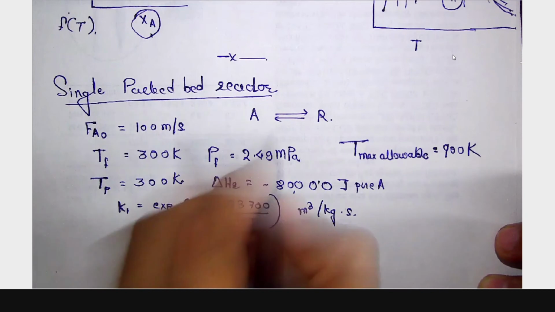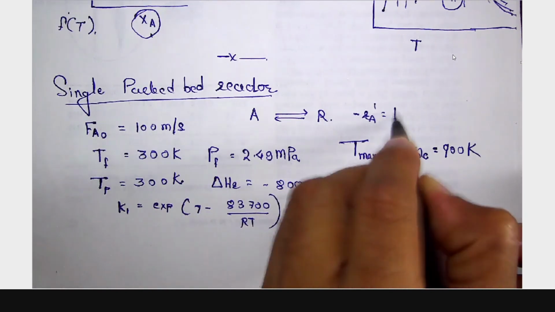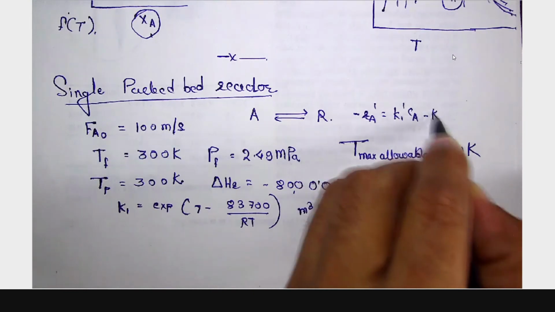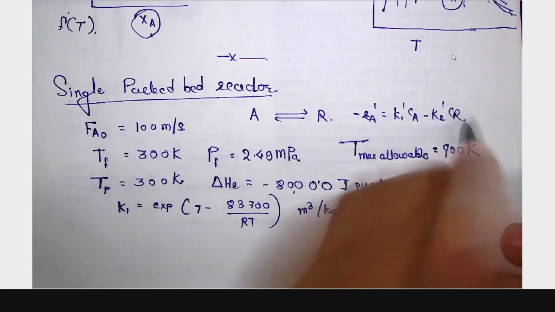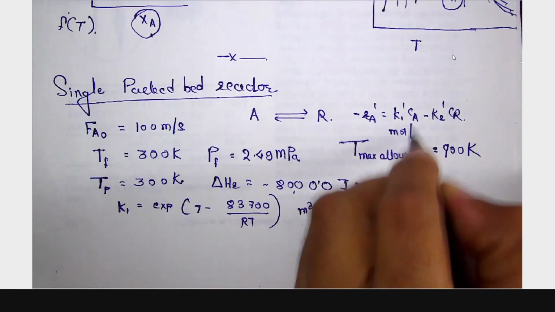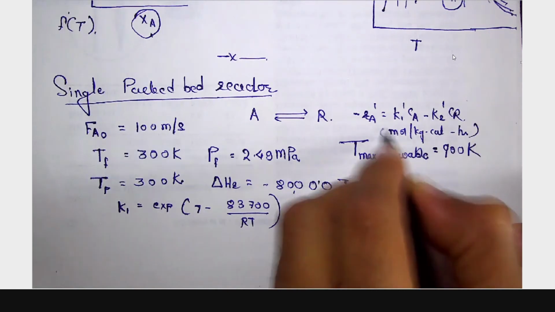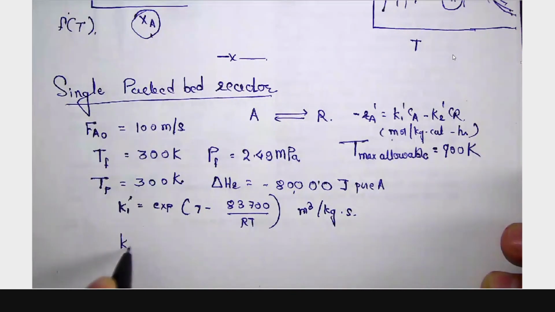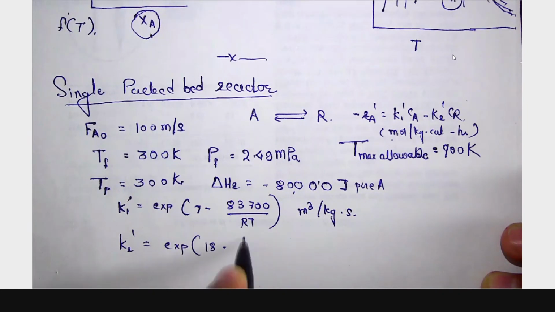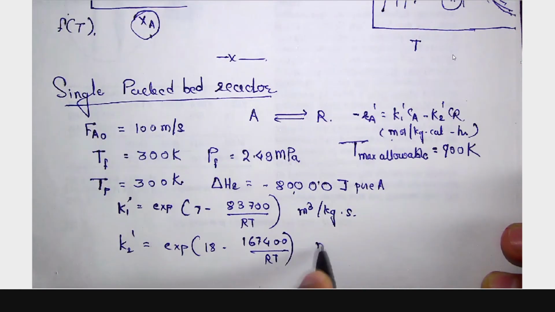For this reaction, minus RA is in moles per kg of the catalyst hour. K2 prime is exponential of 18, having the same unit.